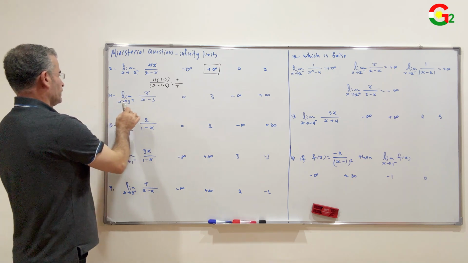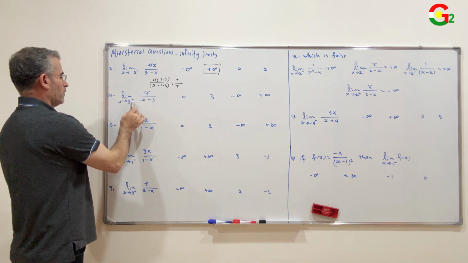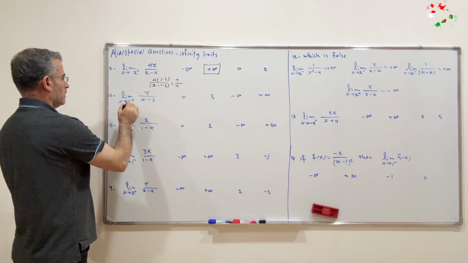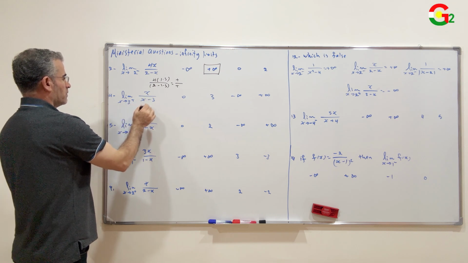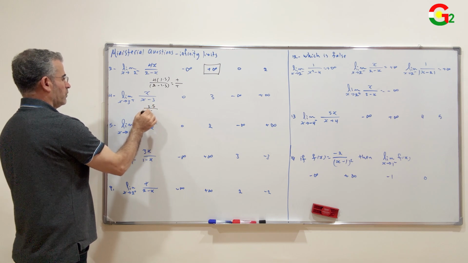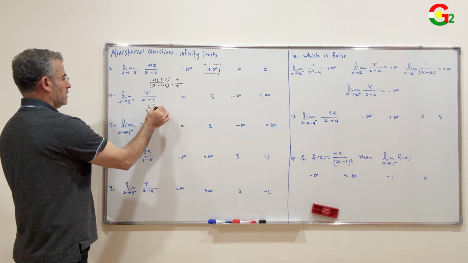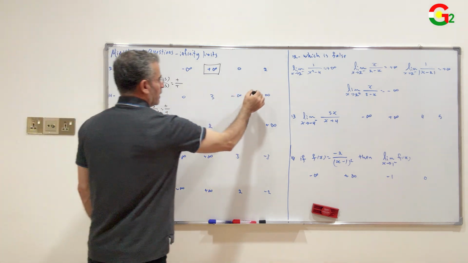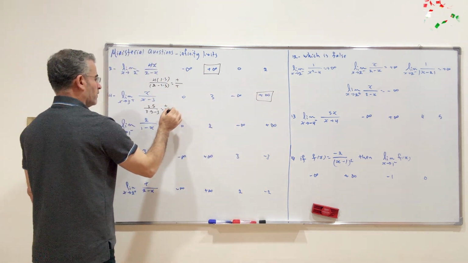Number 4, limit x approaches 3 from right for x over x minus 3. Substitute every x with 3.5. 3.5 minus 3 equals positive over positive, then the answer is positive infinity.